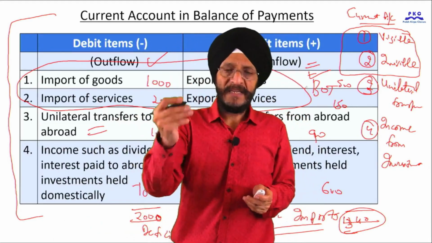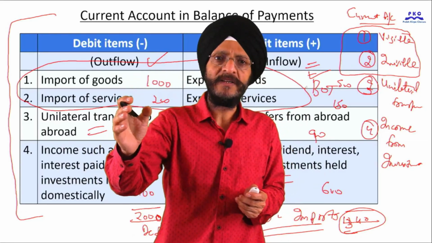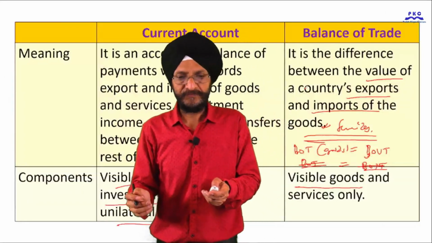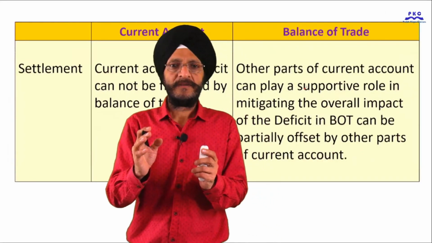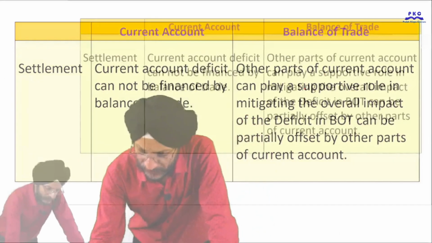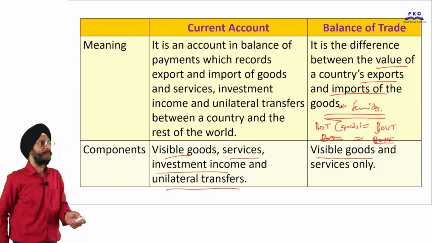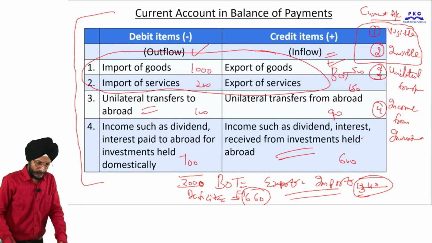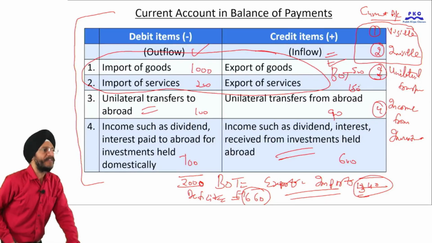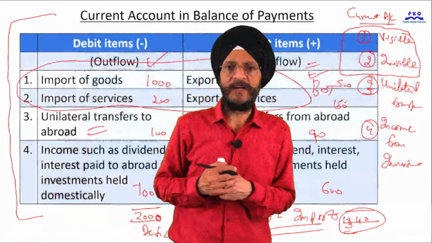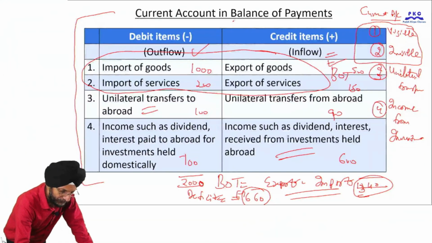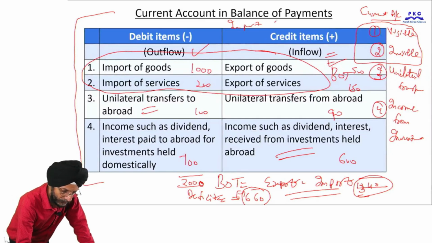But if there is a deficit in balance of trade, it may be met, or we can say that other parts of the current account can play a supportive role in mitigating the overall impact of the deficit in BOT, which can be partially offset by other parts of the current account. What does it mean? It means that suppose there is a deficit in balance of trade, that is, imports are more than exports.